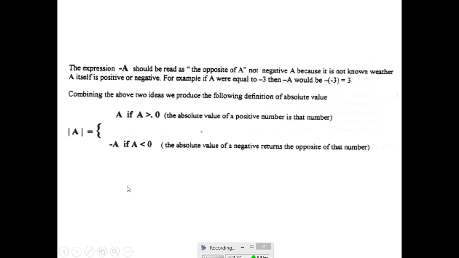So this definition you cannot take lightly, okay? It reads, the absolute value of something is that something, provided that something is greater than 0. And the absolute value of something is the opposite of that value, provided that value is less than 0. So this definition will get a lot of mileage.